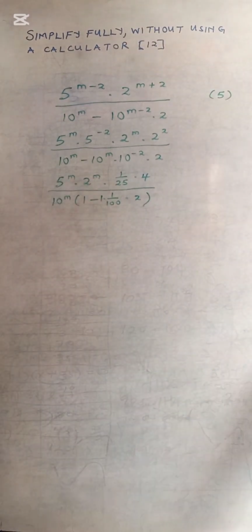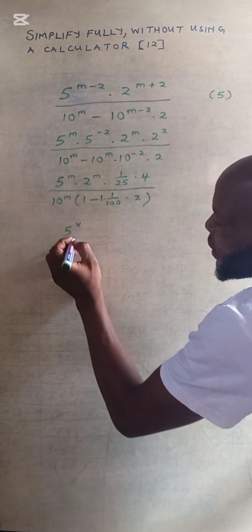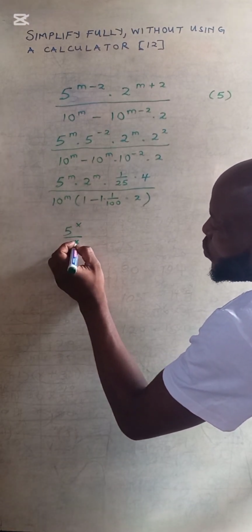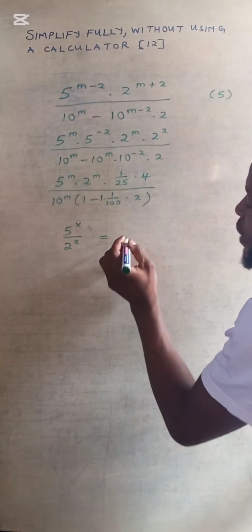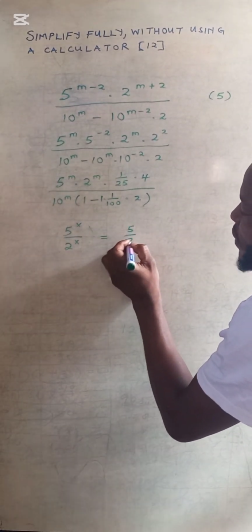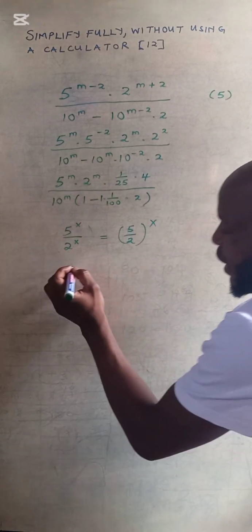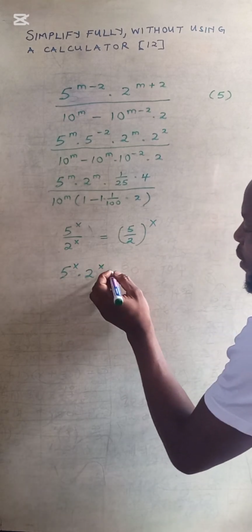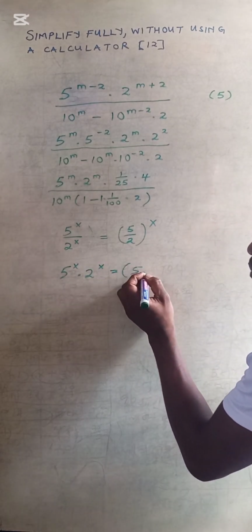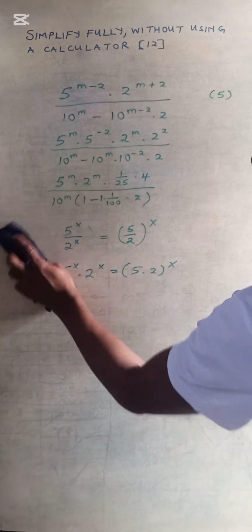So this 5 to the x divided by 2 to the x, according to laws of exponents, is the same as 5 divided by 2, all to the exponent x, right? Similarly, 5 to the x multiplied by 2 to the x is the same as 5 times 2, all to the exponent x, right?